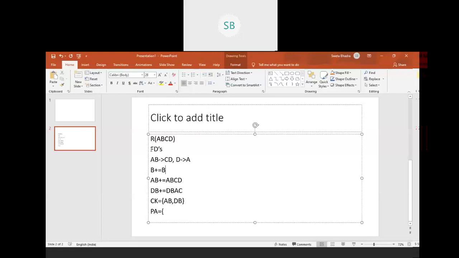A candidate key is something which determines all the attributes in a relation, isn't it? So if we take only B, it is only determining itself, which means that we need to add something to this B to make it a candidate key.